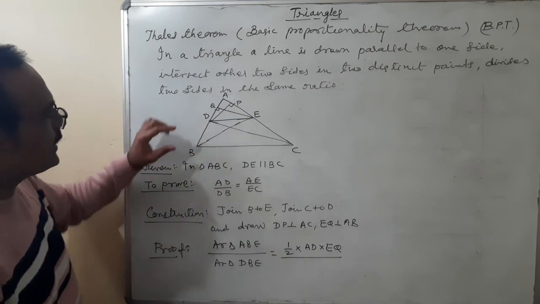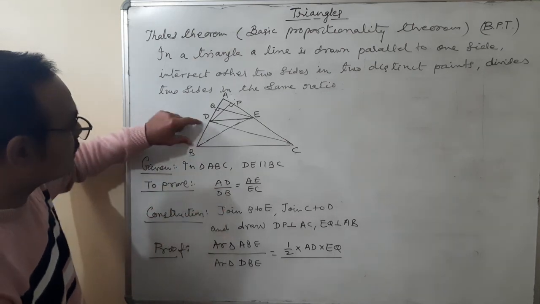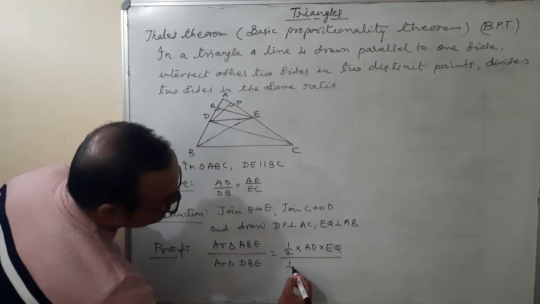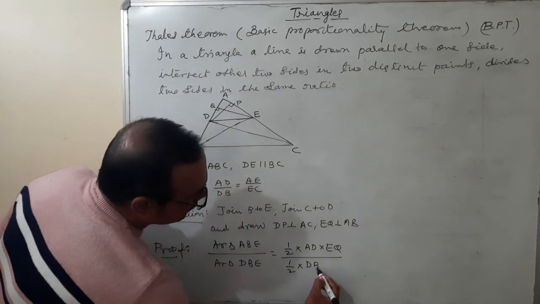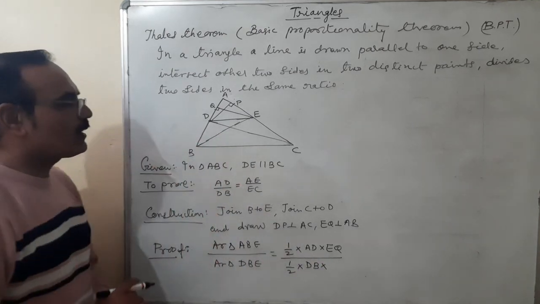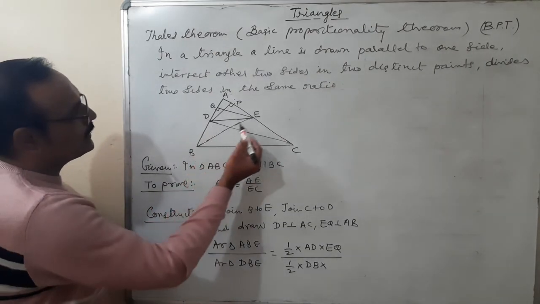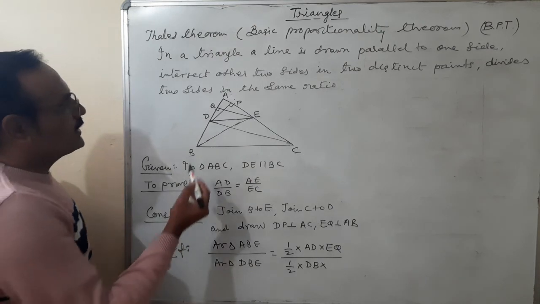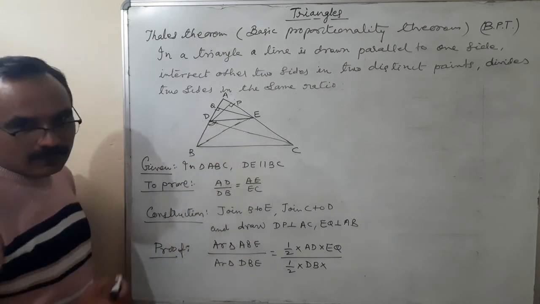Because it is compulsory, we have to take the base as DB. Only then we can preserve AD upon DB. So base is DB. Half base DB and perpendicular. What is the perpendicular in it? You can see that in this triangle DBE, this is an obtuse angle.